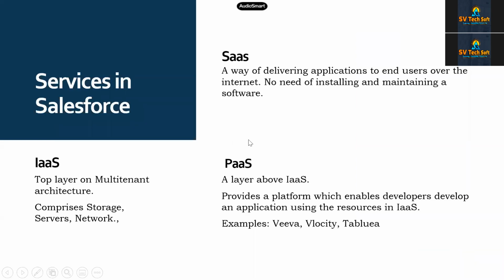Before heading into all of that, usually any cloud, not just specific to Salesforce, provides three different kinds of layers for us. The first layer is IaaS, which provides infrastructure as a service.